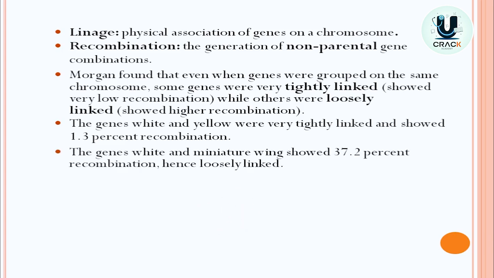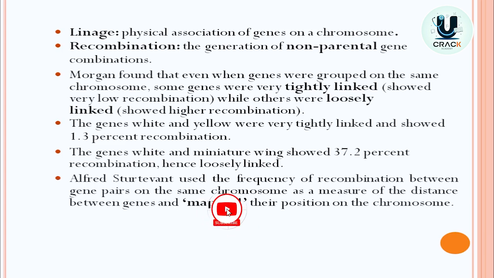The genes white and miniature wing showed 37.2% recombination, hence loosely linked. Alfred used the frequency of recombination between gene pairs as a measure of distance to map their positions on the chromosomes.